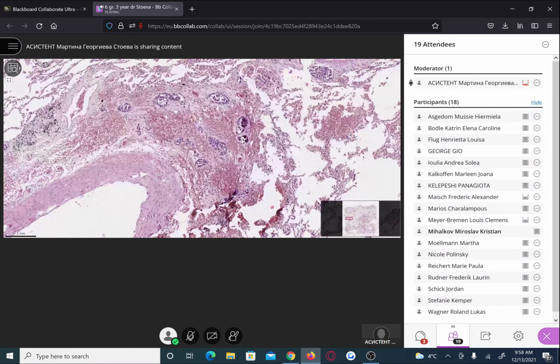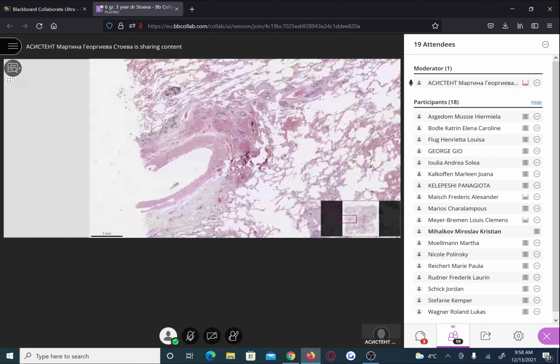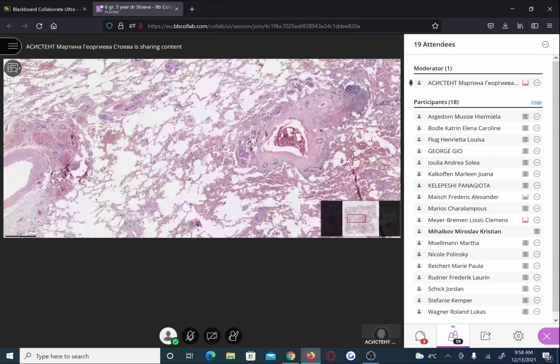I call it a secondary mass because obviously this is not the primary site of the tumor. There is another primary site which gives these tumor emboli, and then if these cells leave the vessels in the lung parenchyma forming a secondary mass, then it will be a metastasis. But at this moment, this is still only tumor emboli, but not metastasis.